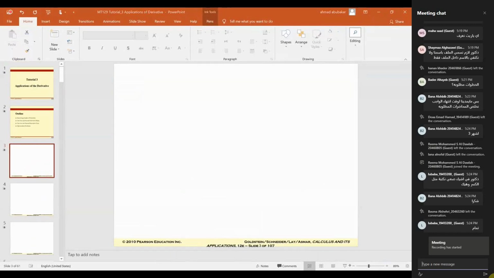For example, after finishing this chapter, we must find the critical point.